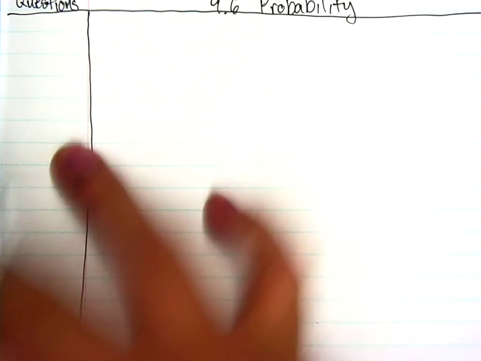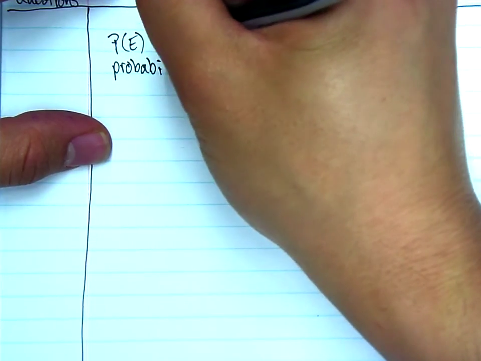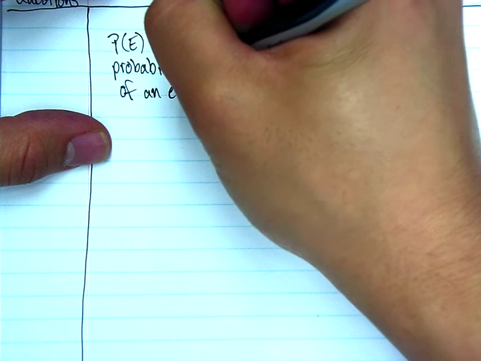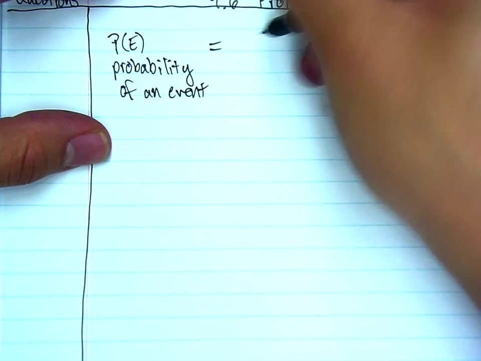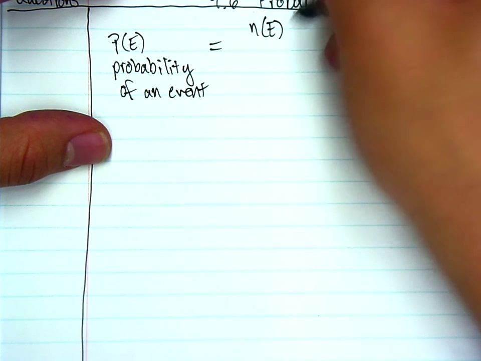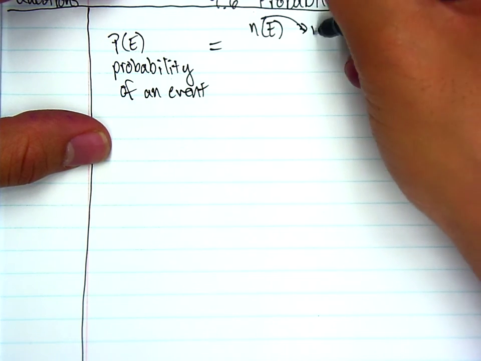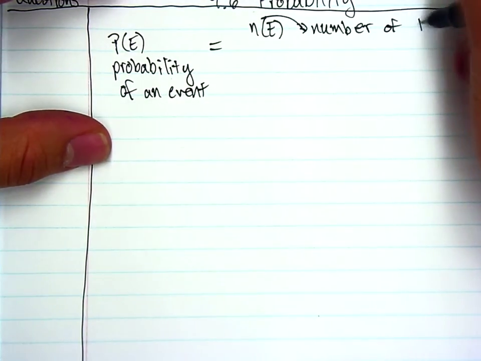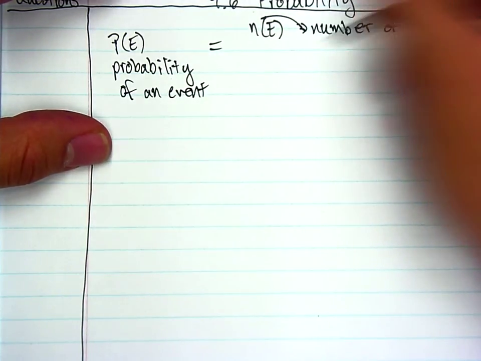looking at is this. P(E) is the probability of an event. N(E) is the number of times the event can occur.